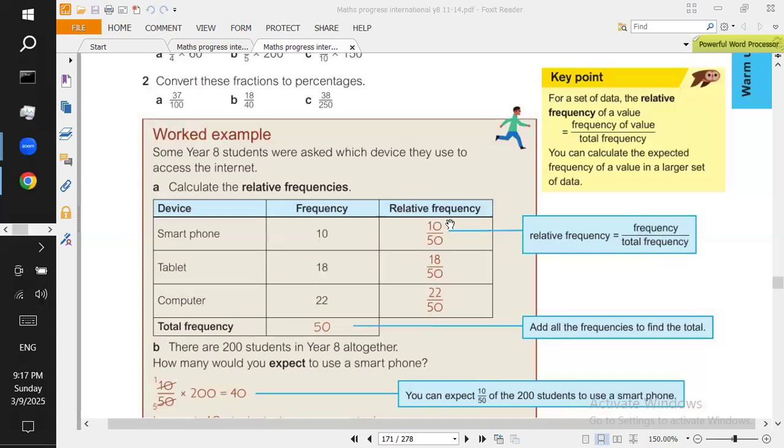And then to find the relative frequency of each one of them, you take the frequency divided by the total frequencies. We call this relative frequency. And then you can use it to find the expected frequency. To find the expected frequency, you multiply the relative frequency by the number of times something happened.